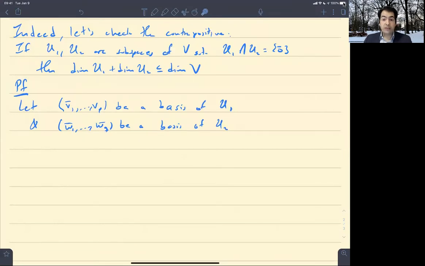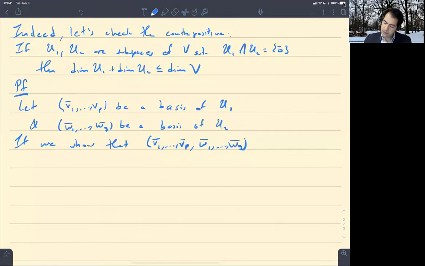So thanks to the lemma from last time, we'll be done if we show that the list where you take the V's and include the W's is linearly independent.